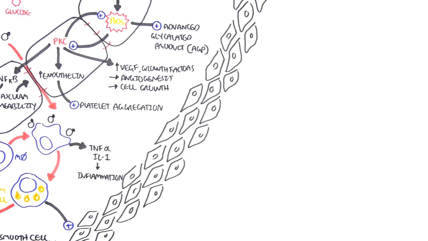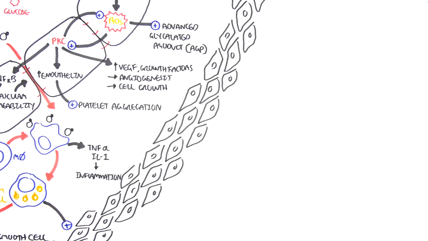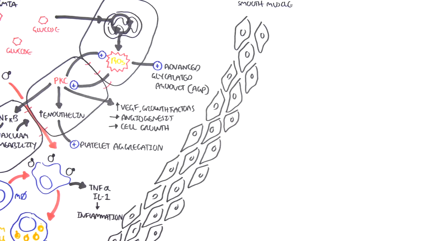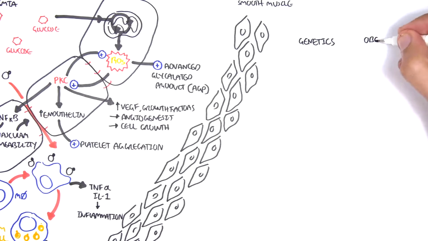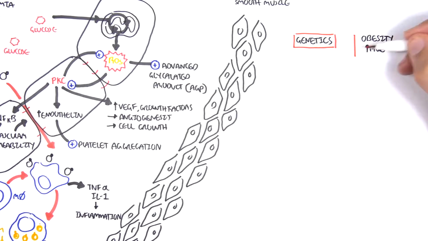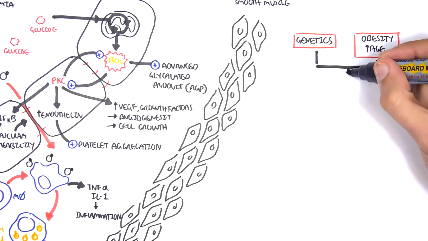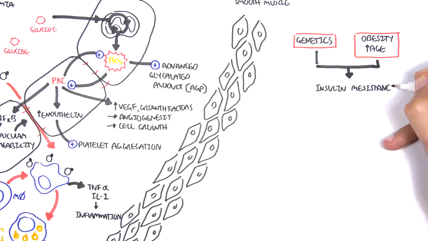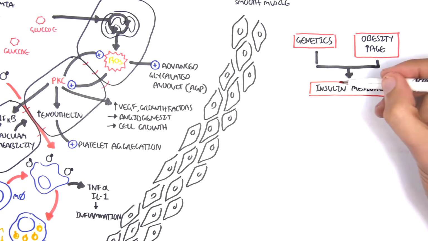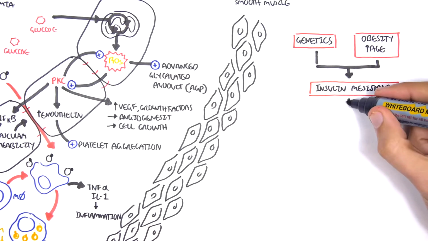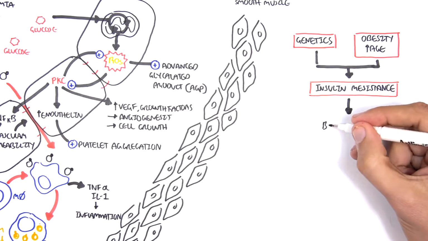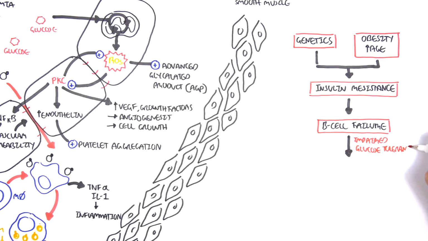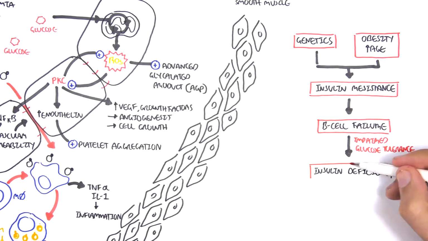So to summarize the whole process, starting from diabetes, so we have genetics and obesity and other risk factors. Increase in age leads to insulin resistance. Insulin resistance leads to the beta cell failure. The beta cell failure with impaired glucose tolerance leads to insulin deficiency.